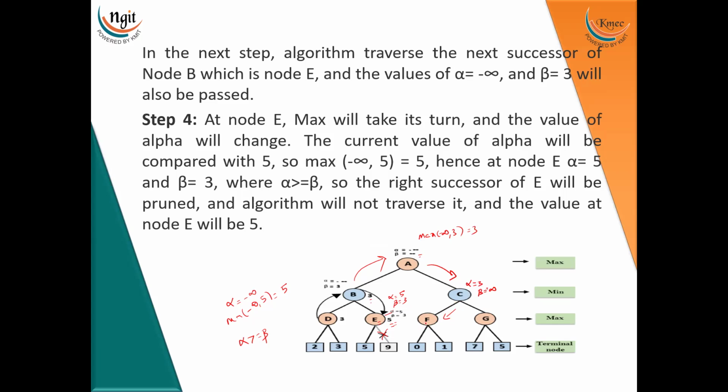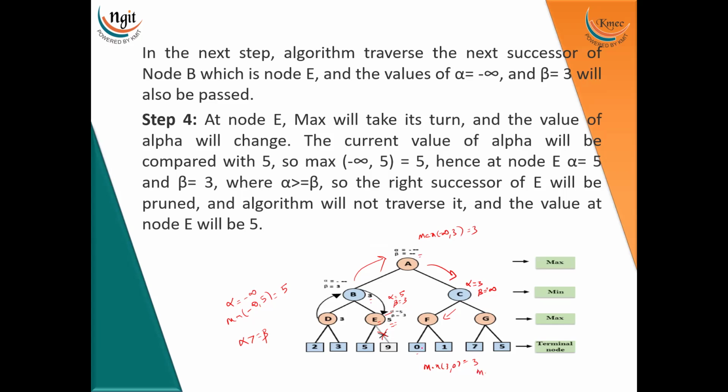Now step 6. At node F, again the value of alpha will be computed with the left child, which is 0. That is max of 3 comma 0. Why? Because alpha value is 3 and the left side is 0. So max of 3 comma 0 will be 3. And then it is compared with the right child, which is 1.